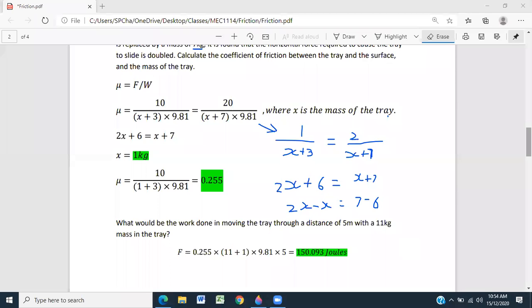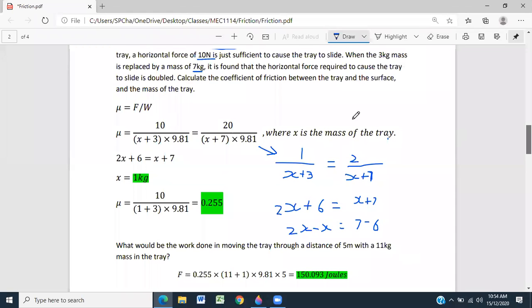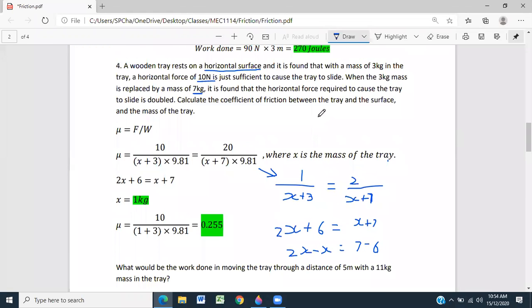You can get 39.81. Oh, I messed it up. So another way you can think of this: this here we know as F over weight, and weight is the mass times 9.81.